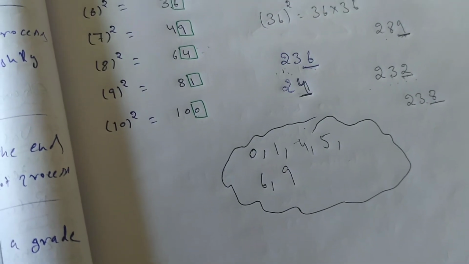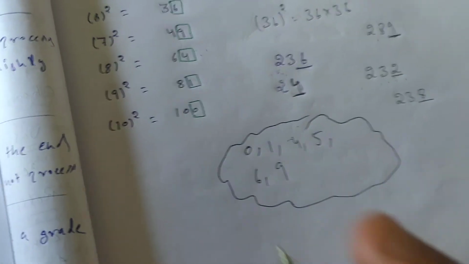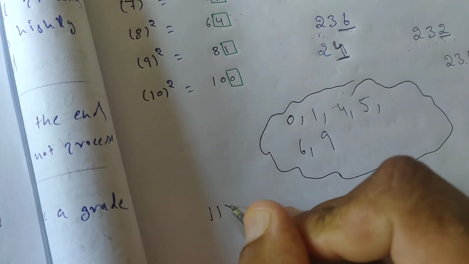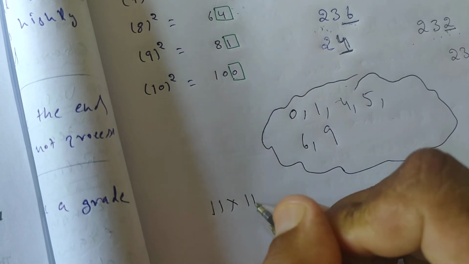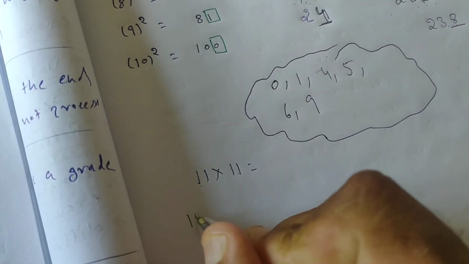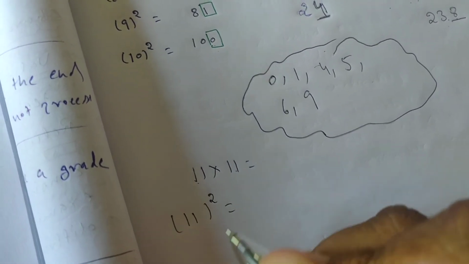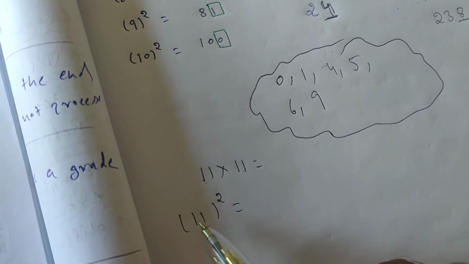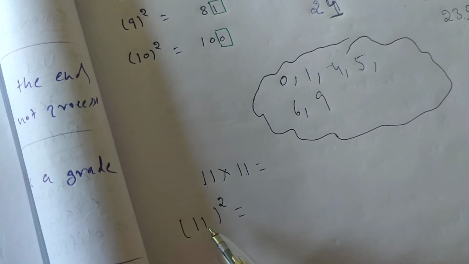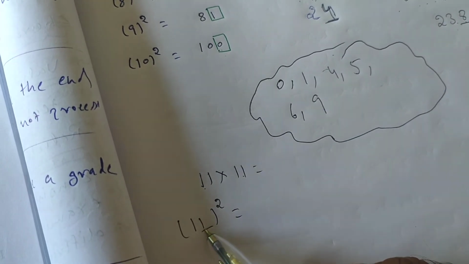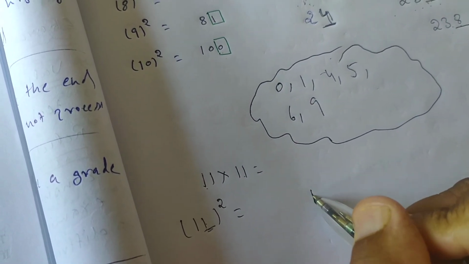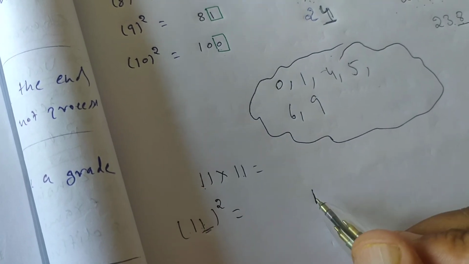Now some more properties of square. What comes at the unit place of 11 square? When we square 11, what will the unit place number become? Just take the unit place and square it. 1 square is 1. So at the unit place of 11 square there will be 1.